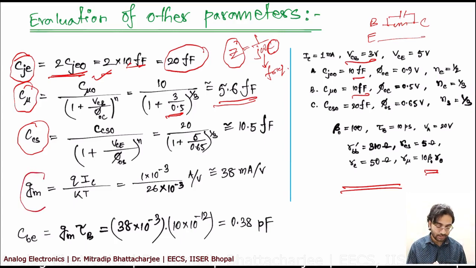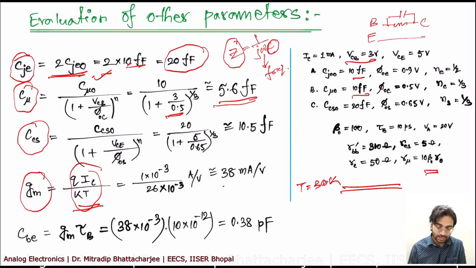Then you have the GM value. So the GM value is QIC by KT. The IC value and all these values are given. T is, I think, 300 Kelvin you can take. If it is not mentioned, you can take T to be 300 Kelvin anywhere, unless otherwise specified. If it is specified, that is different. Otherwise, you take T equal to 300 Kelvin.